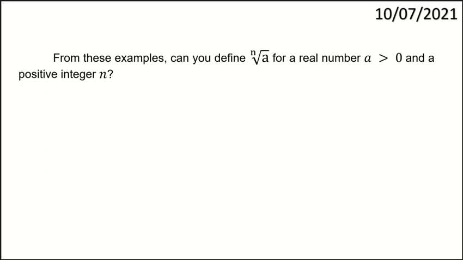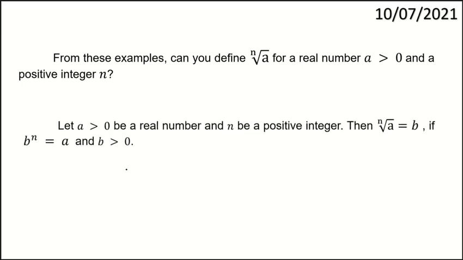Now we shall see the definition. Let a be any positive real number, or a greater than or equal to 0, be a real number. You can say n is any positive integer and n not equal to 1.